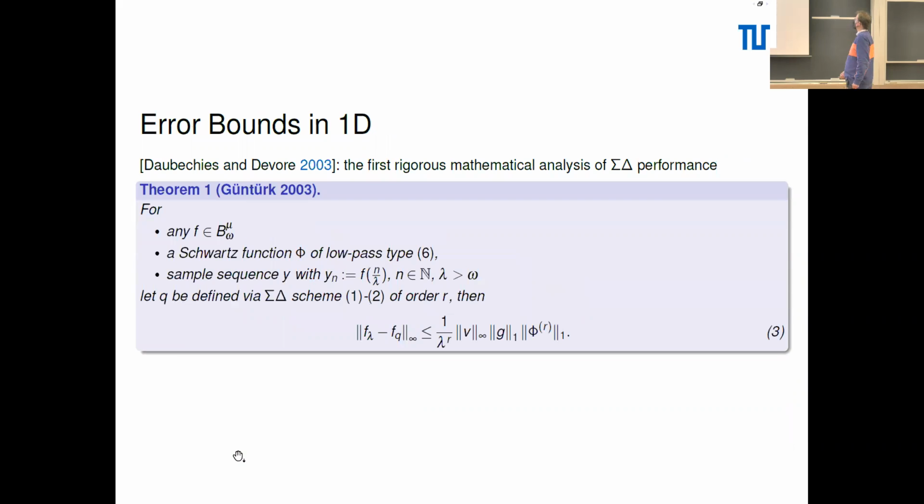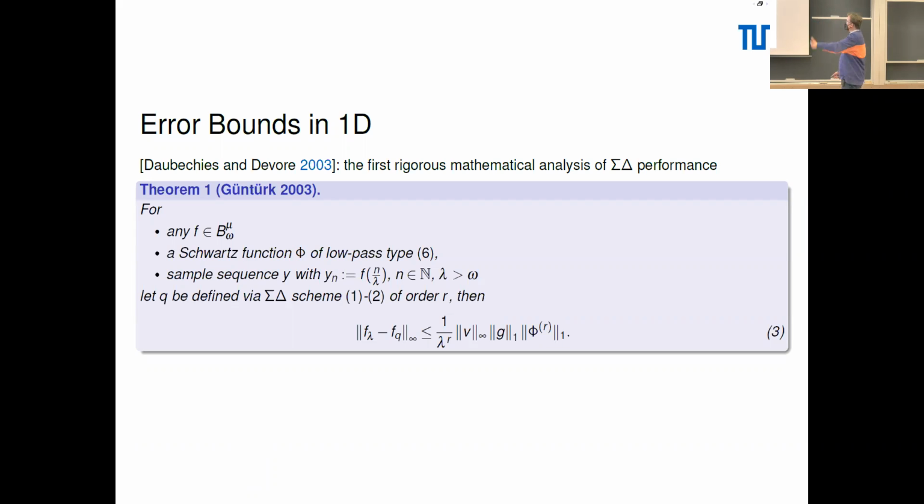And why do we want to have this representation? Because this function g that we've seen just shows up in the error bound.